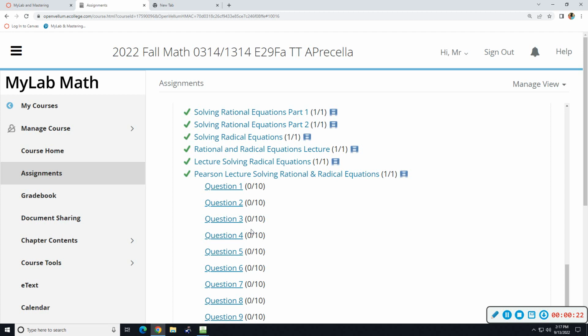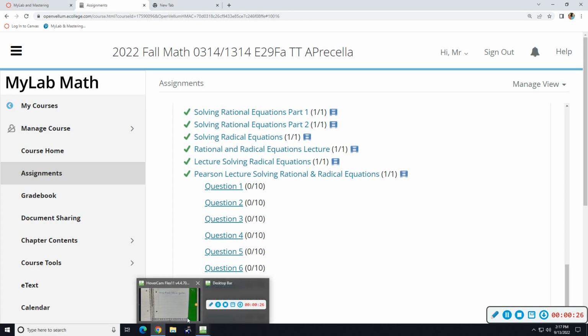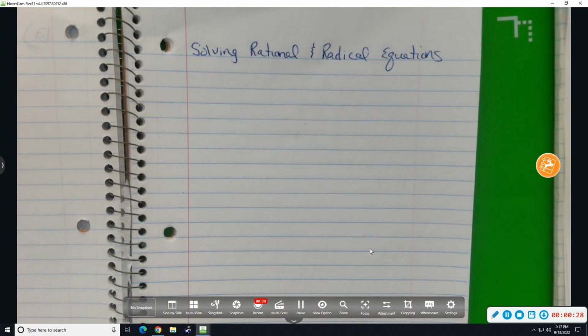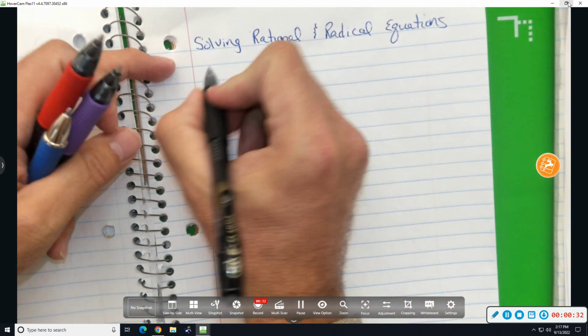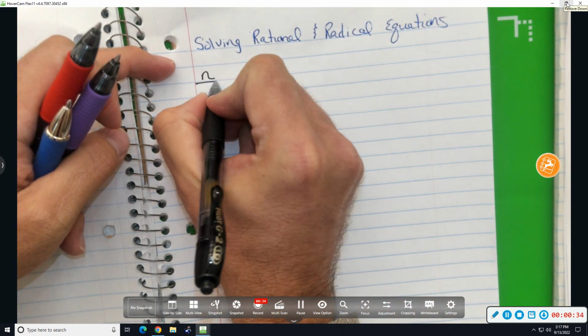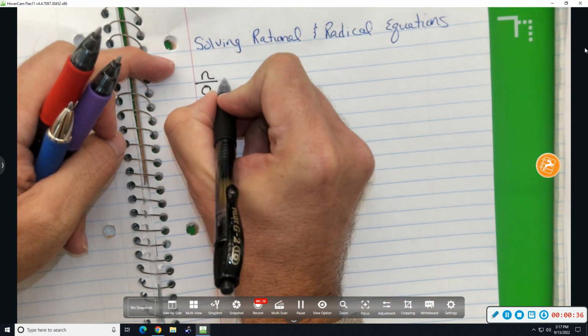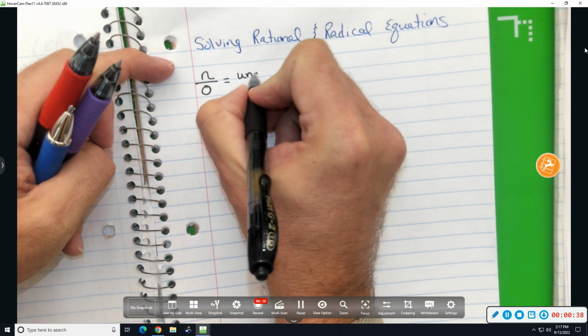To begin with, before we actually look at the first problem, I want to review something about fractions. A number divided by 0 is undefined.